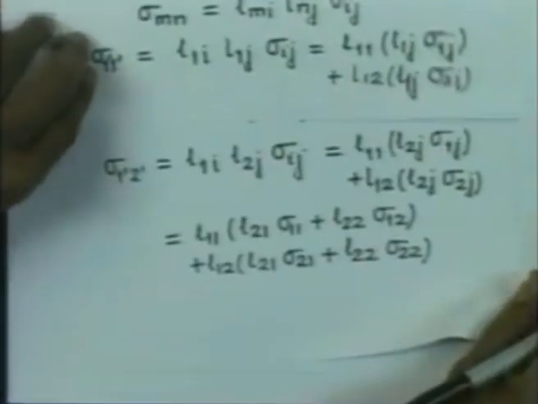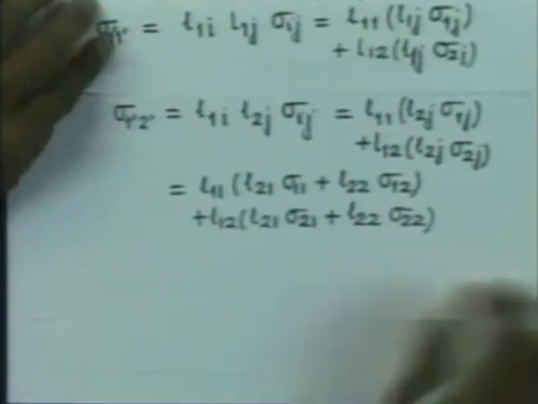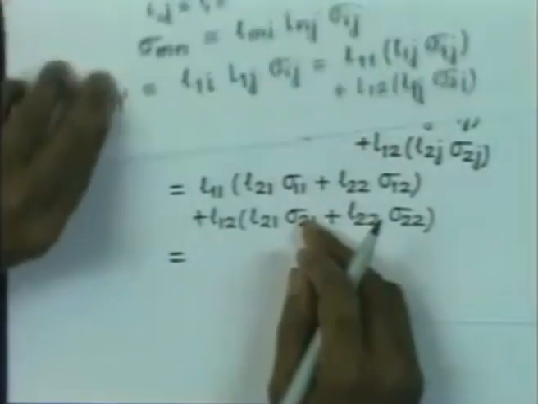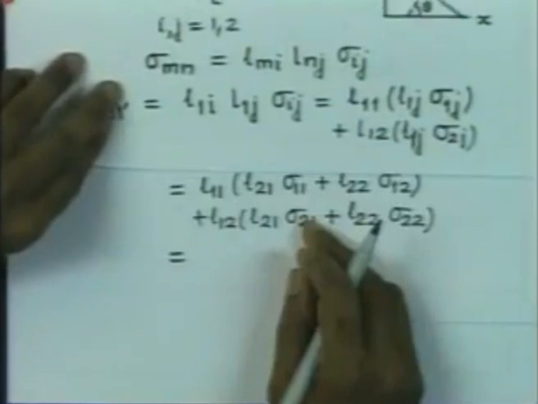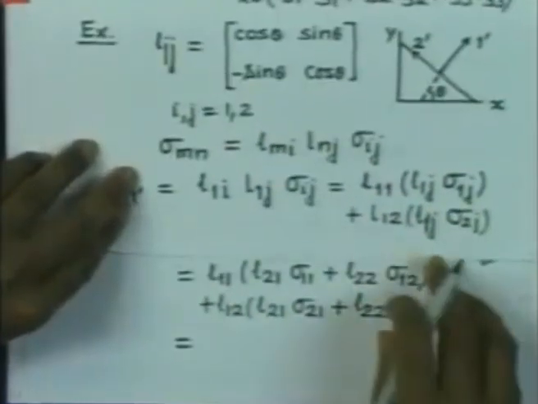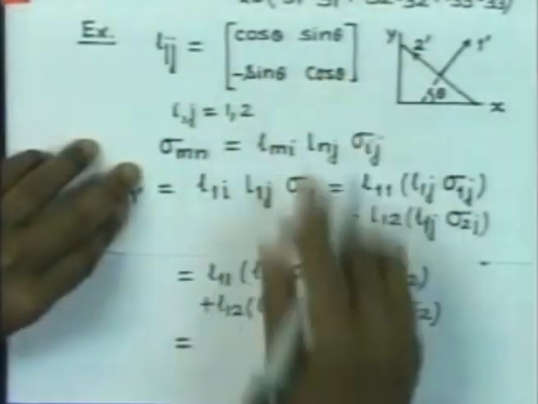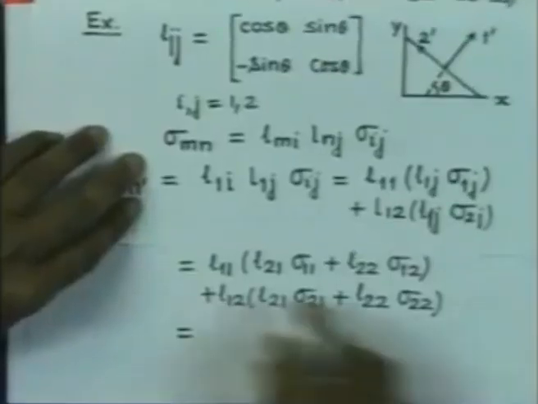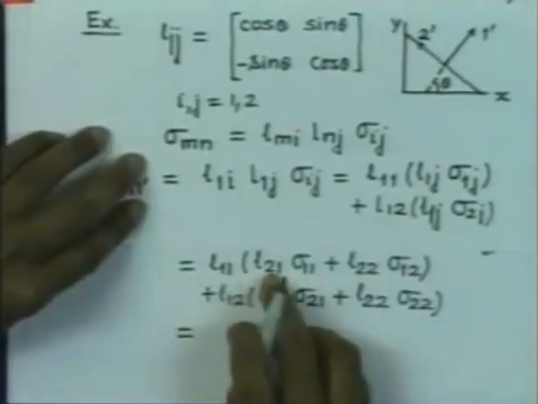So, if we now try to collate them, noting the values of the direction cosines, if we look into the value of the direction cosines which were given earlier. So, we will have now, this is cos theta, this is minus sin theta.